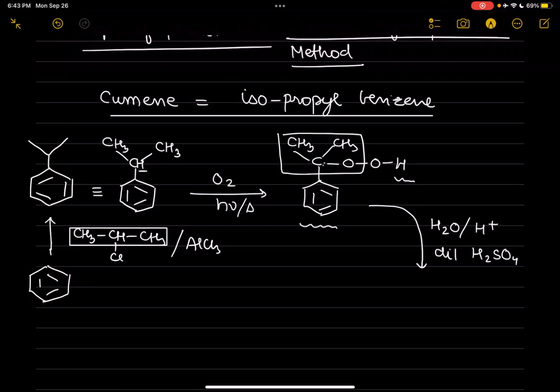This peroxide linkage is very fragile, very weak. So the peroxide bond gets cleaved from the middle. Like hydrogen peroxide, which is also very unstable in acidic medium, it breaks from the middle, and this portion comes out as acetone.